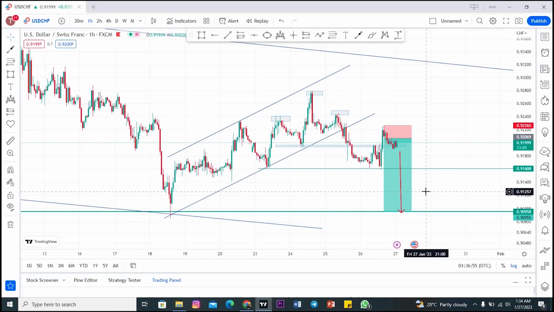Let's trade with the big people. Always go with the trend. You will always win in the market. Technical price action and technical analysis always win in the market.